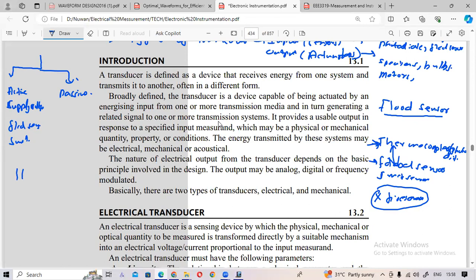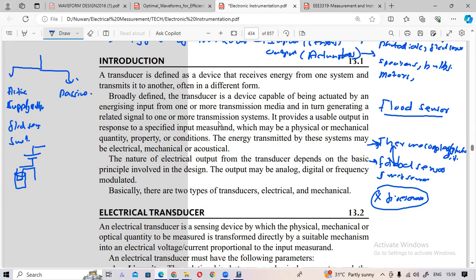This kind of cable is there. So once it is shorted, it is an active one. You need to have a power supply like this. So these are active and passive.